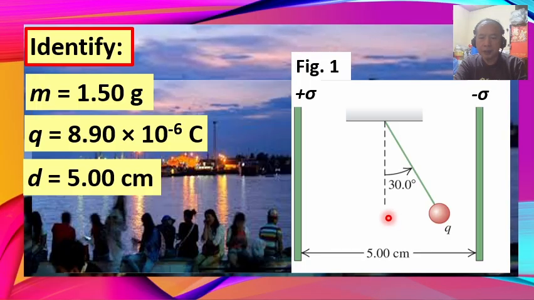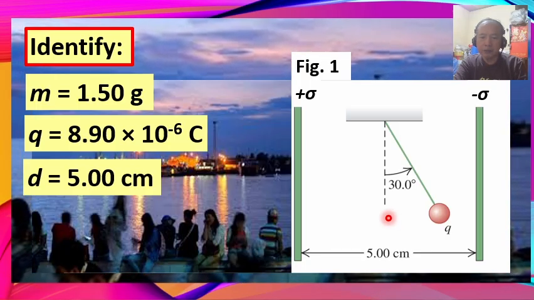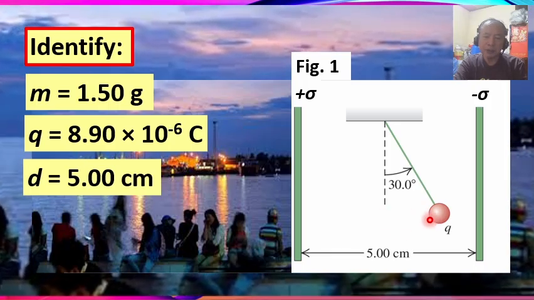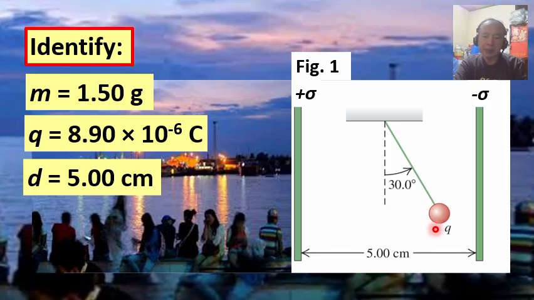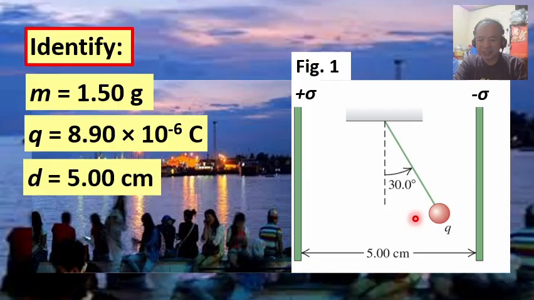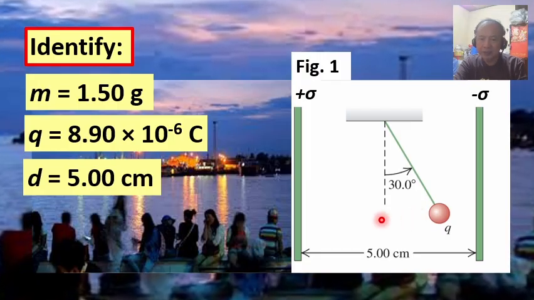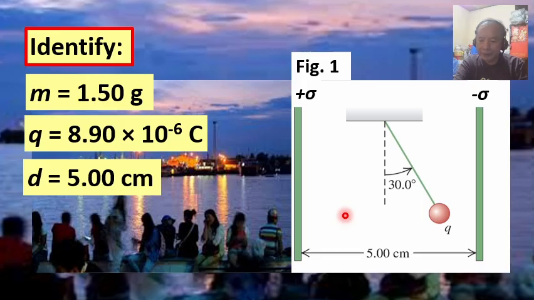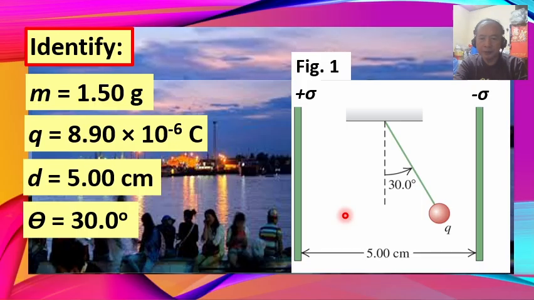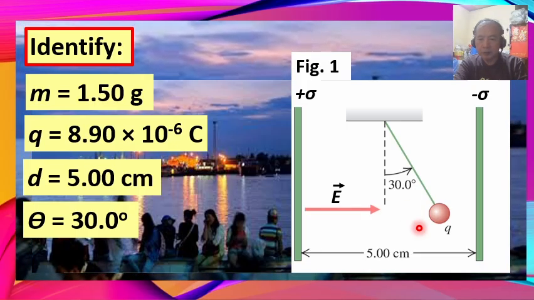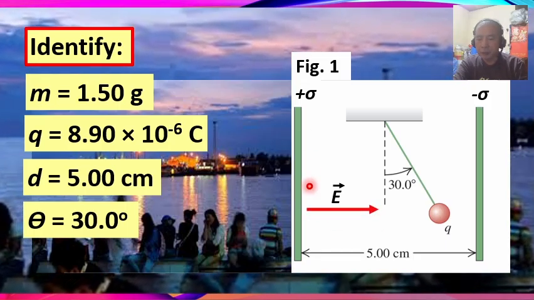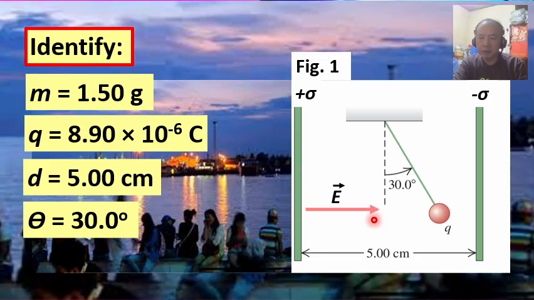By convention, the electrostatic force that the sphere experiences has the same direction as the uniform electric field, which is directed from the positive plate to the negative plate.